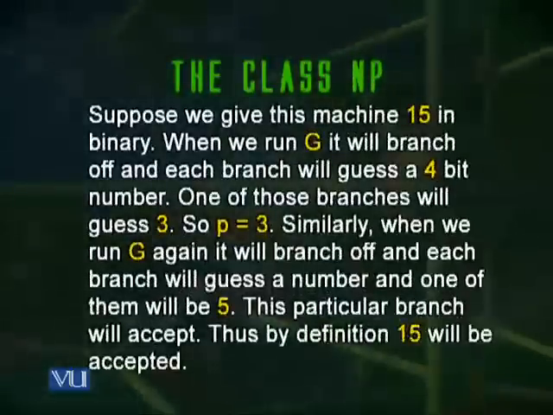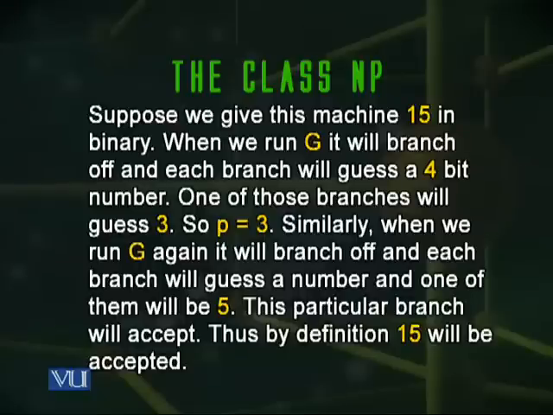So let's look at this in more detail. Suppose that I give this Turing machine the input 15 in binary. When we run G, it will branch off, and each branch will guess a 4-bit number. One of these branches will guess the number 3.